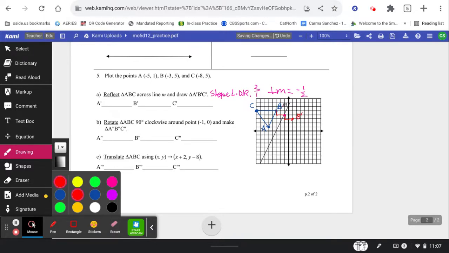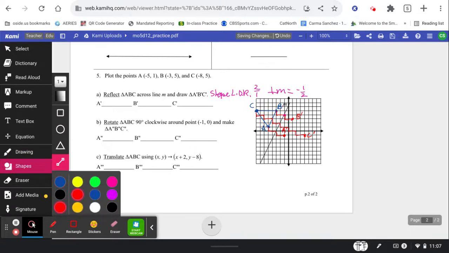Next, I'm going to do A, down 1, right 2, down 1, right 2. There's my A prime. Next, I'm going to do C, 1, 2, 3 slopes to the line, 1, 2, 3 slopes after the line. And then go connect it.